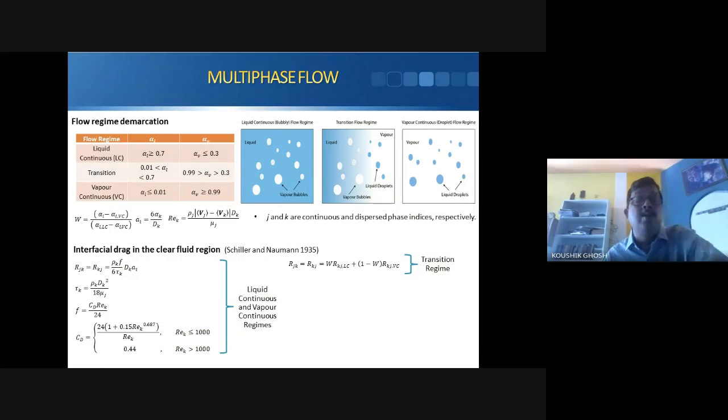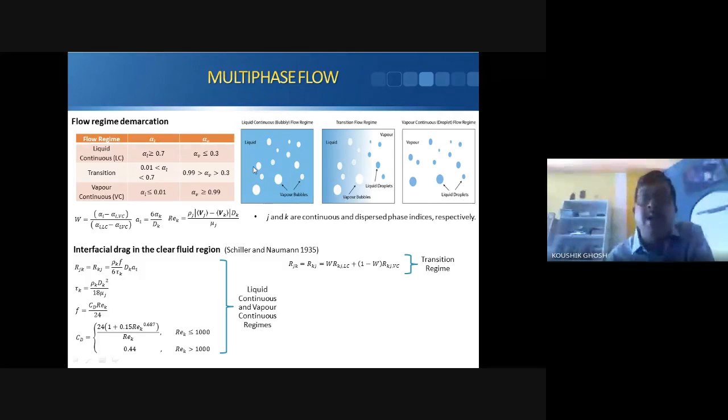All these beds have been simulated using the development of this model. I have already discussed that the flow regime is a big challenge. This is the bubbly flow, liquid and vapor bubbles generated inside the bed and outside the bed also. There may be liquid droplets and vapor.